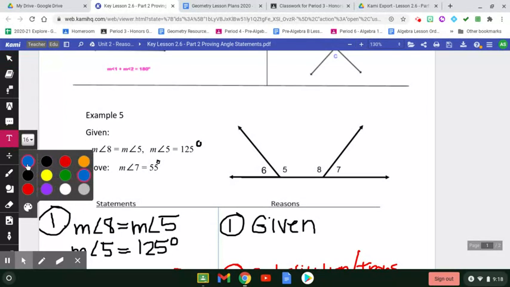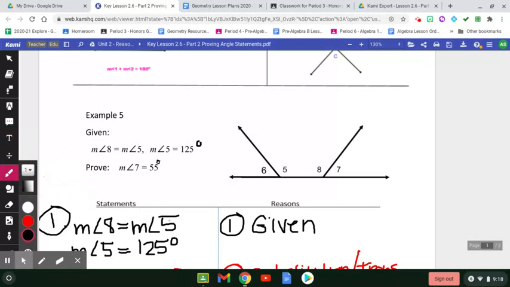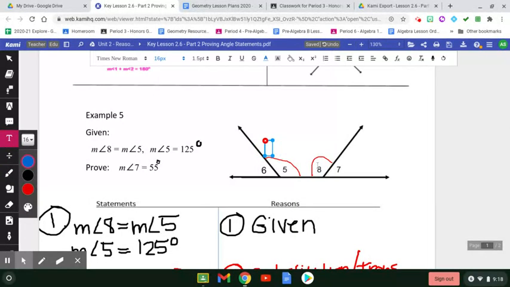I know that the measurement of angle 8 equals the measurement of angle 5, so I'm going to draw some arc marks showing that. The other thing I'm going to write down is that the measurement of angle 5 is 125 degrees.